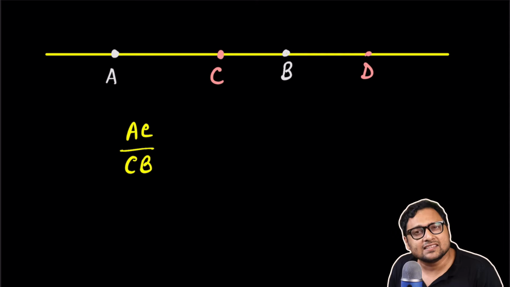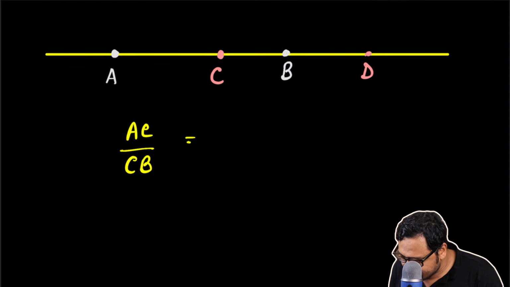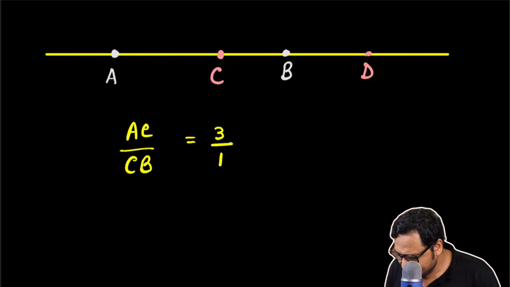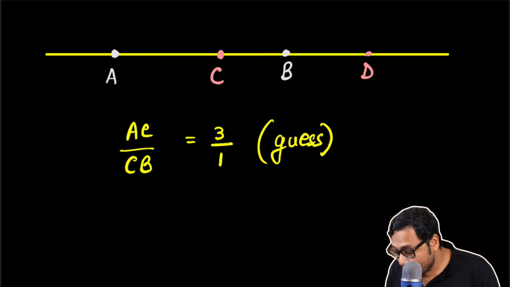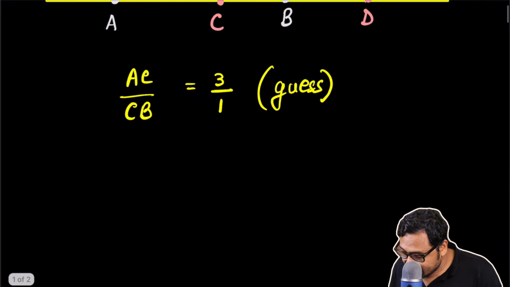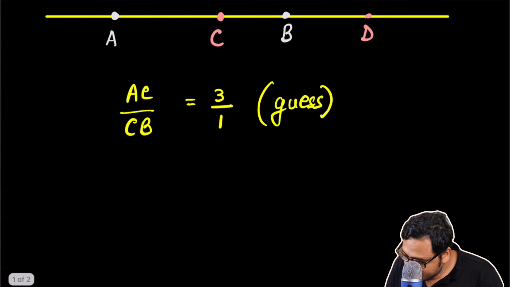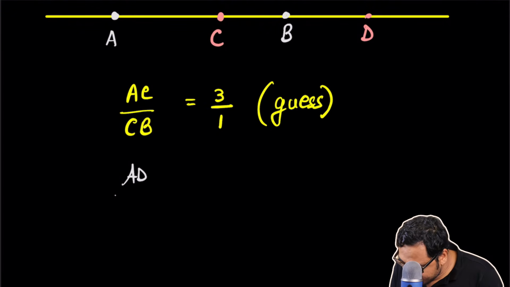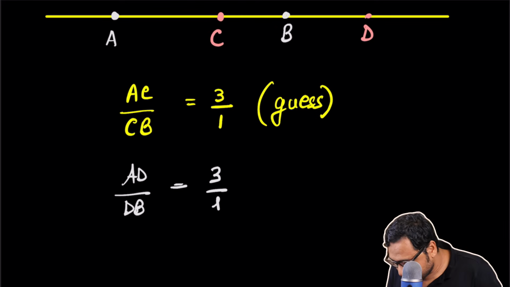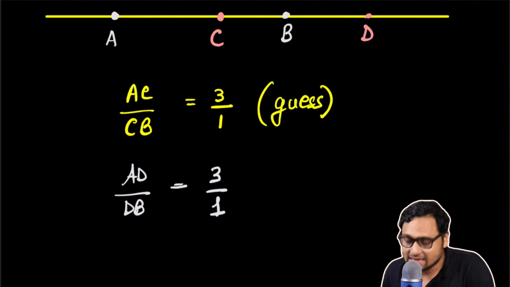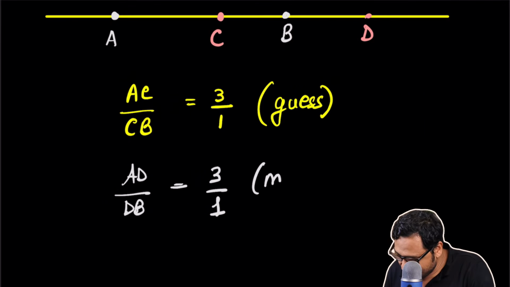Maybe by looking at this picture, AC is 3 parts and CB is 1 part. This is just a guess, an eye estimation. Now it's possible that AD over DB is also 3:1. That's possible. Maybe.